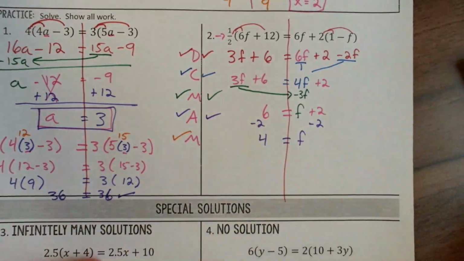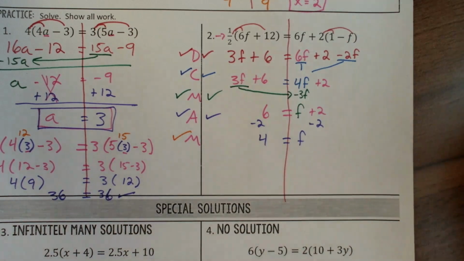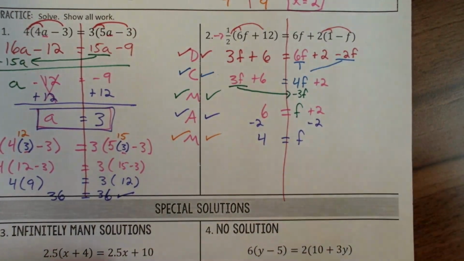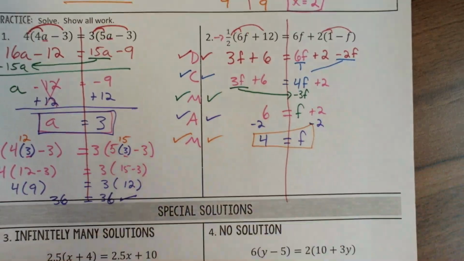There is no multiplying or dividing again. So my multiplying and dividing is already done for me. That step's done. Out of all of the values in the real world, all the numbers, positive, negatives, decimals, zeros, all of it, 4 will balance this out.